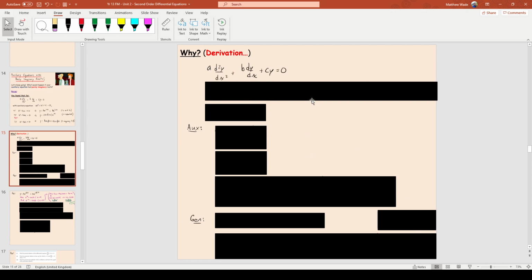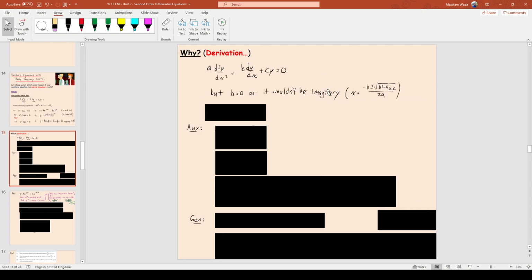There's your general differential equation. But if we want this to have purely imaginary roots, so only imaginary roots, the b in this is going to have to be 0. Here's the reason why. You know that we're about to swap lambdas in and do the quadratic formula.